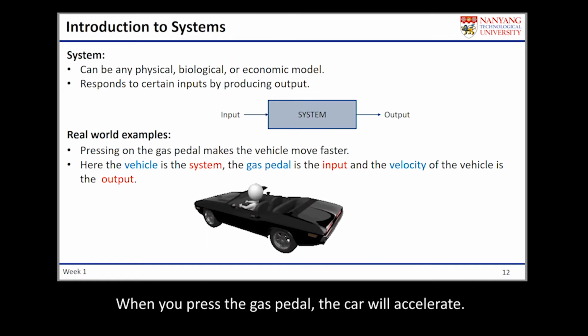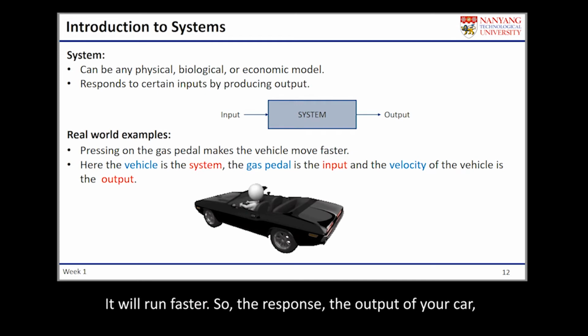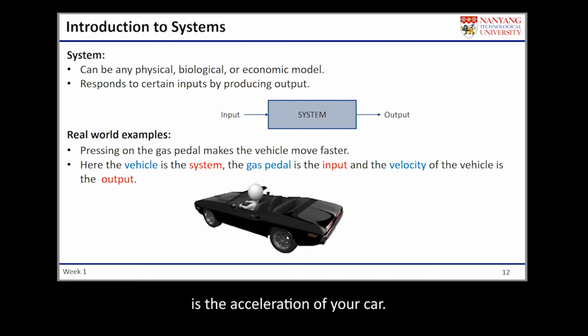When you press the gas pedal, the car will accelerate. It will run faster. So the response, the output of your car is the acceleration of your car. You have a system, your car, you give an input by pressing a gas pedal, the car will respond by moving faster. So that is a simple example of a system.